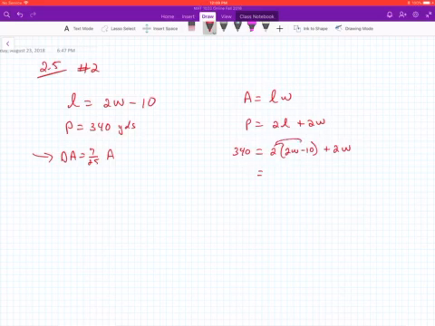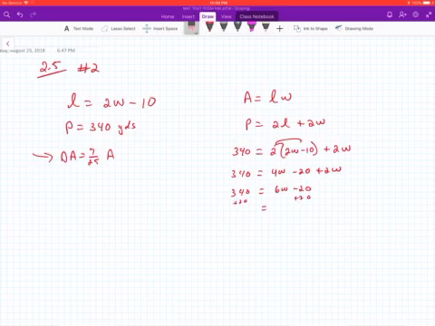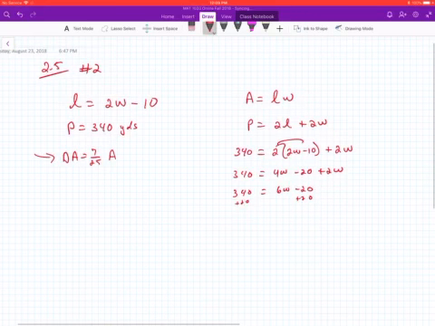So I'm going to do the distributive property, which is going to be 4w minus 20 plus 2w. I'm going to bring down the 340. When I combine like terms, I get 6w minus 20 is equal to 340. Then I add the 20 to both sides, because I do want to isolate the width, that variable.